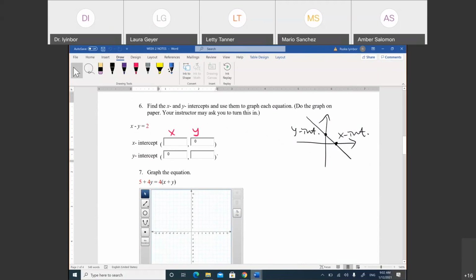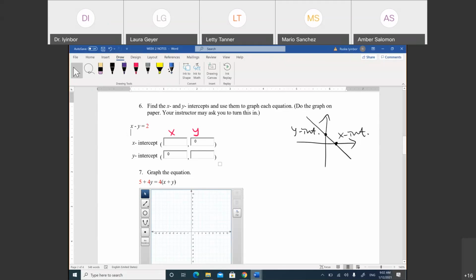So half of the problem is already solved. I have 2 numbers already. They're always going to be like that. Always when you find the x-intercept, the y is 0. Always when you find the y-intercept, the x-coordinate is 0. Always. No matter what. Okay? And then how you find the rest of the numbers here.